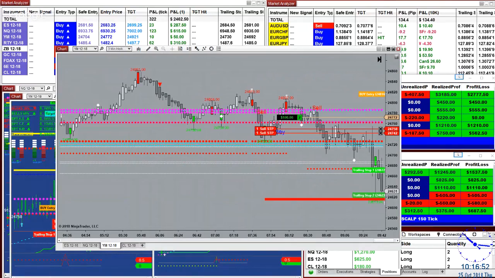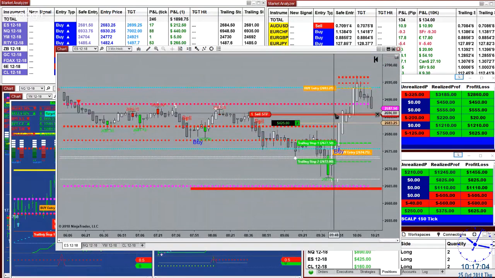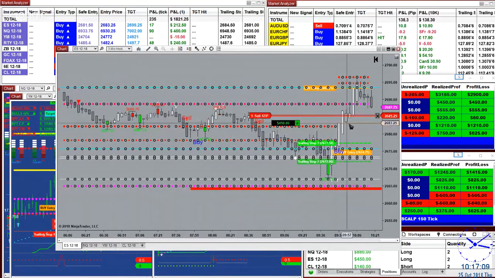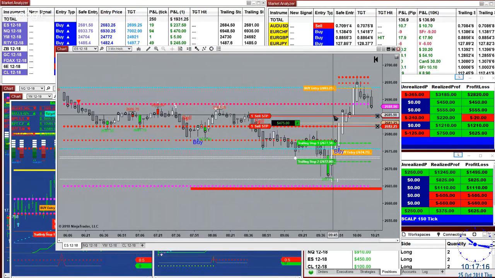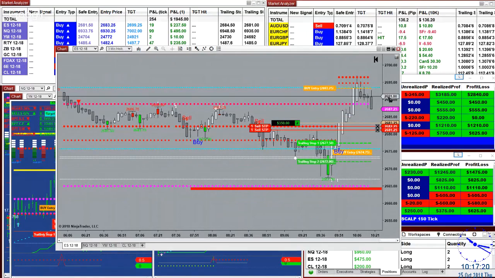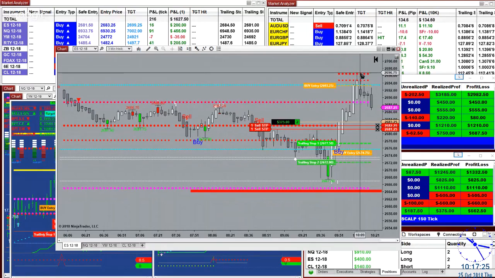Let's look at the ES today. If you notice on the 3 minutes, it's the same double resistance right there.